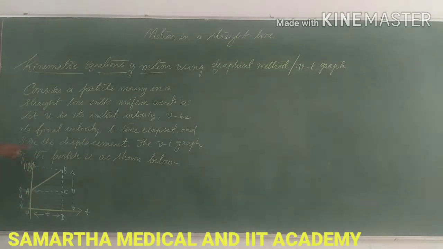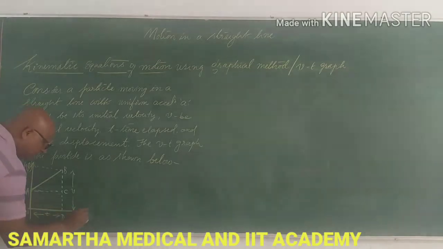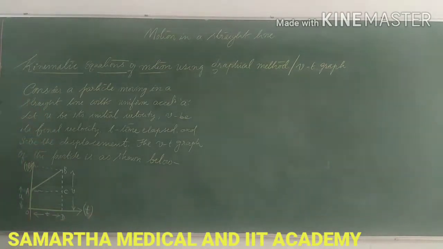Velocity is plotted across the y-axis, time is plotted across the x-axis, and this is the kind of graph we obtained. A straight line graph is obtained. If this straight line started from the origin, it means initial velocity is 0, but not like this. It is having an initial velocity u, that's why the particle starts its journey from the point A, that is nothing but the velocity u.